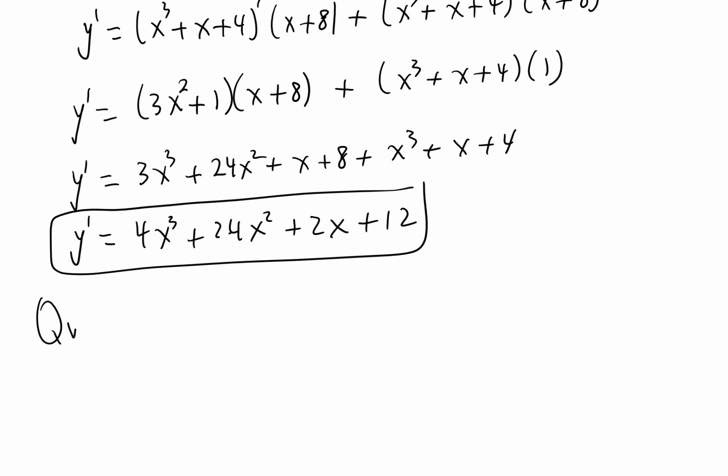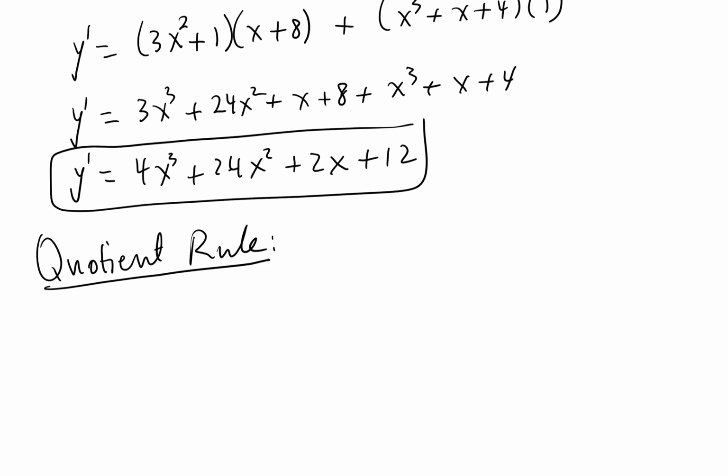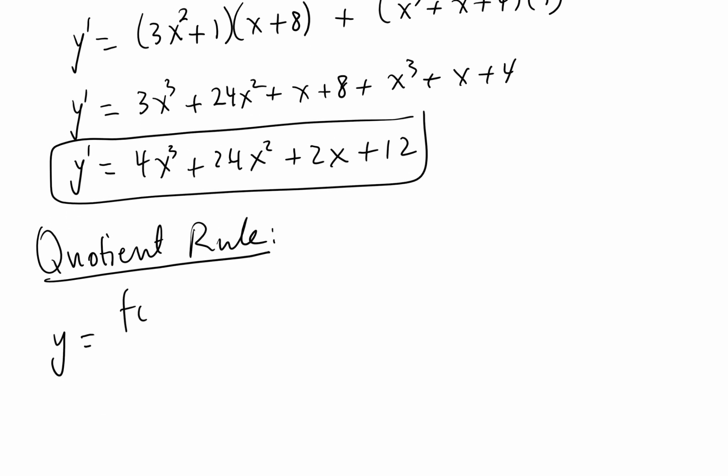The next one is called the quotient rule. If we have a function y equals f of x over g of x, what is y prime? Well, it's not going to be f prime of x over g prime of x.